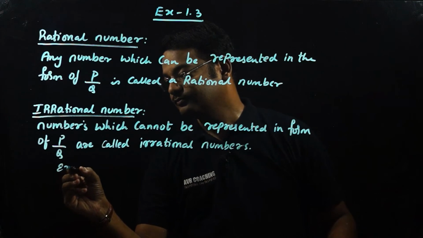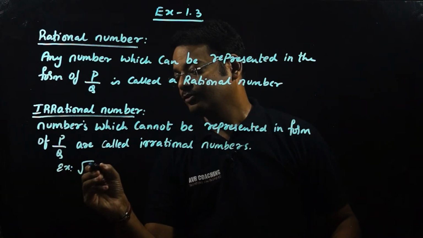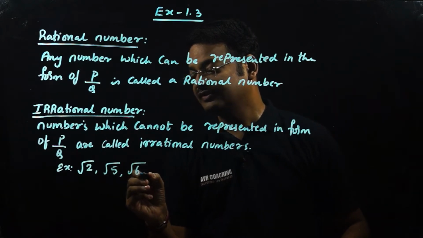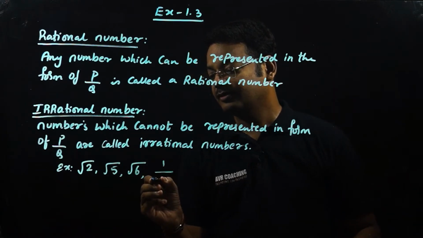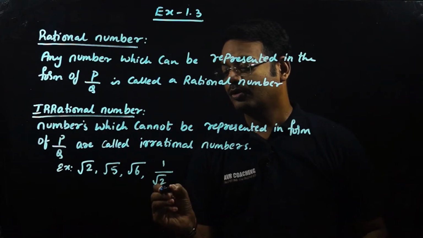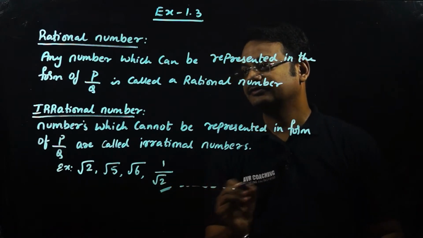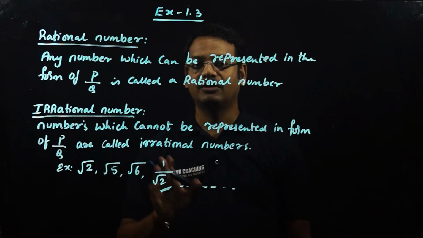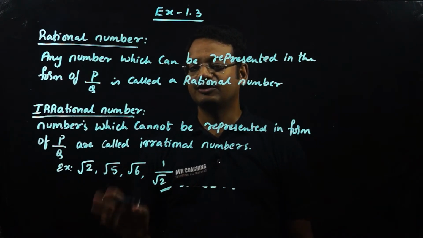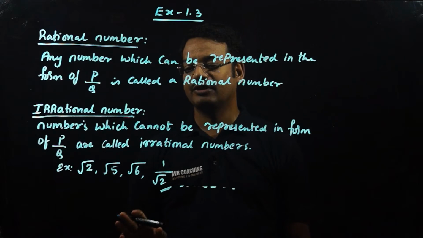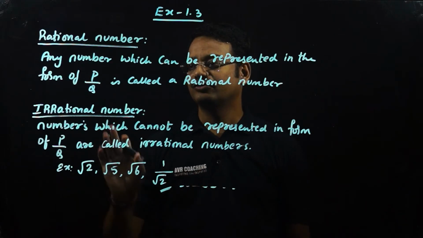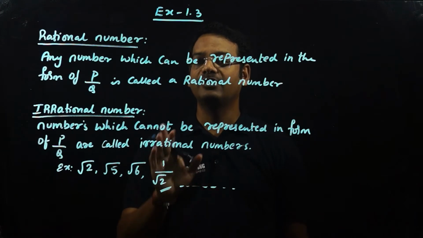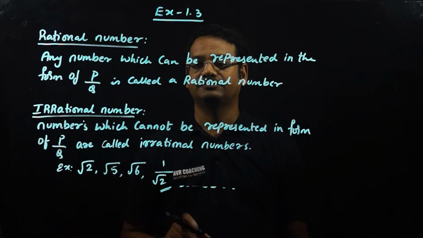Example: root 2, root 5, root 6, 1 by root 2, all these are irrational numbers. So numbers which can be represented in the form of p by q are called rational numbers, and numbers which cannot be represented in the form of p by q are called irrational numbers. The concept of rational and irrational numbers is very important to continue our exercise 1.3.